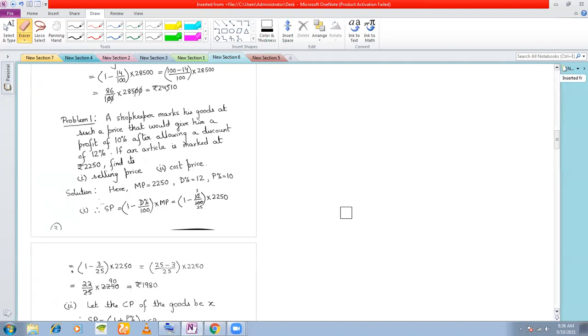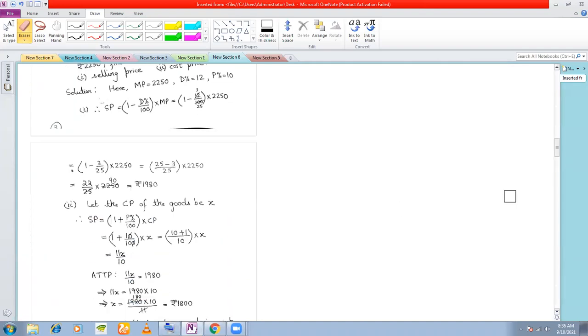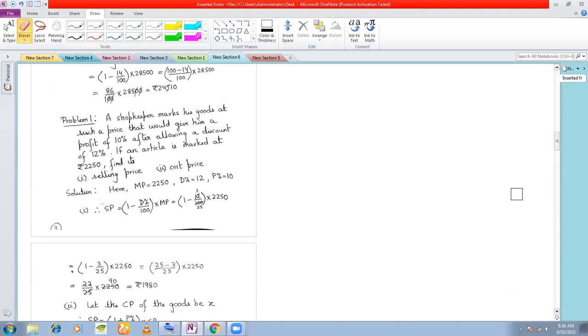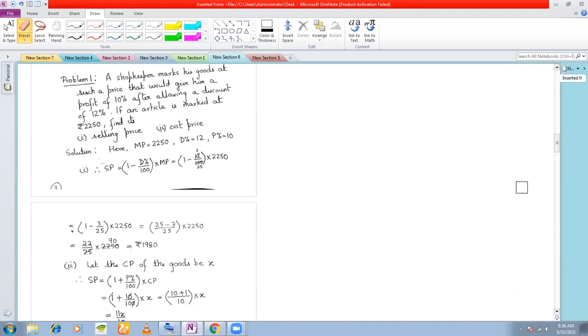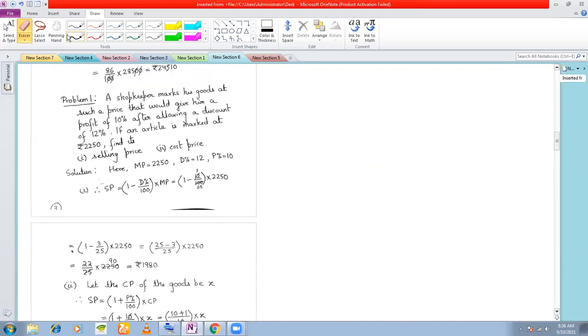Okay. Let us do one last problem here, and then we can continue next week. A shopkeeper marks his goods at such a price that would give him a profit of 10%. After allowing a discount of 12%, if an article is marked at 2,250, find selling price, cost price.